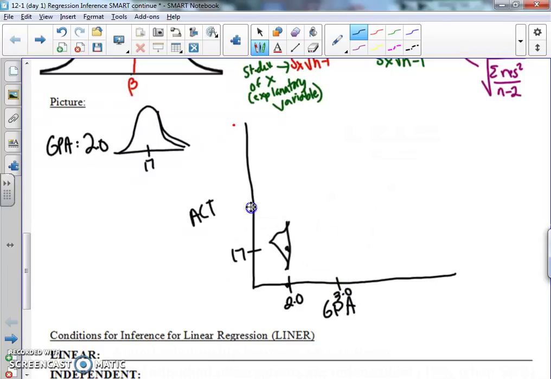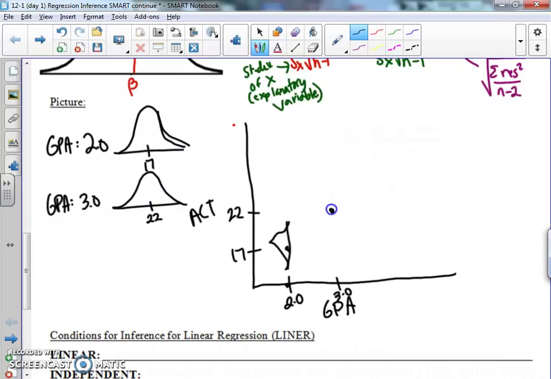That average might be a little bit higher, maybe around, I don't know, 22. Again, looking at all people with a GPA of 3.0, those ACT scores are going to vary according to a normal distribution. But the average might be 22, some might get higher, some might get lower.